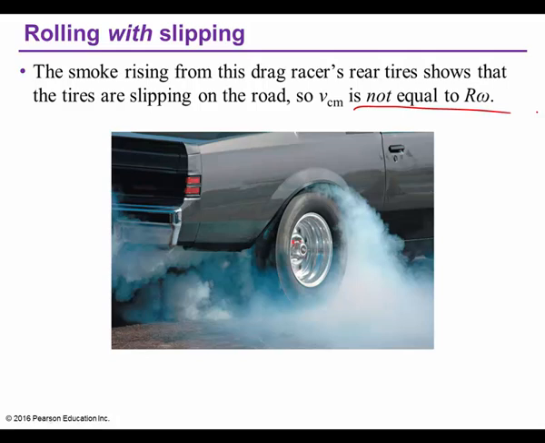Because now what has happened? You're not moving. It's just sitting there spinning. So it cannot be equal to the radius times the angular velocity. Actually, there really wouldn't be any translational motion while it's sitting there spinning.